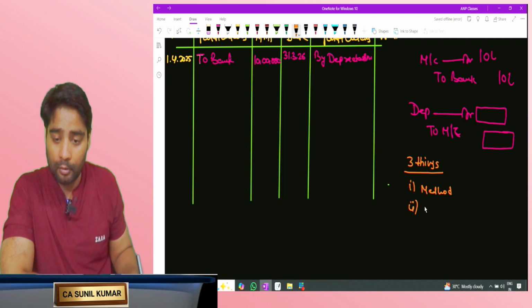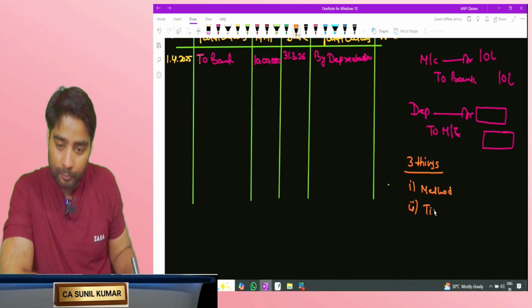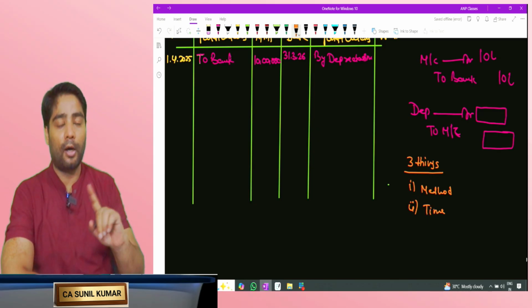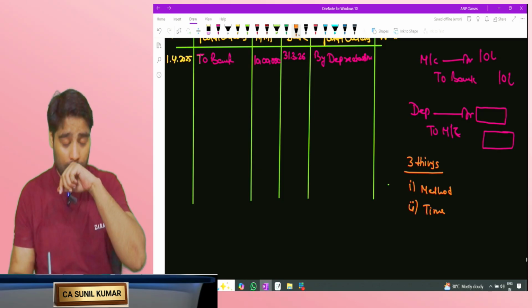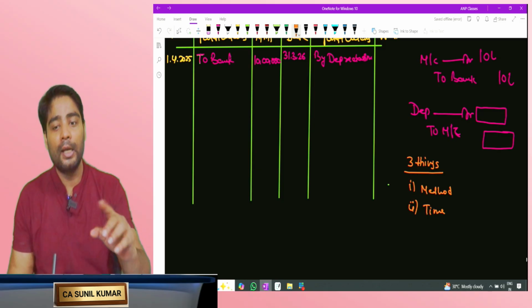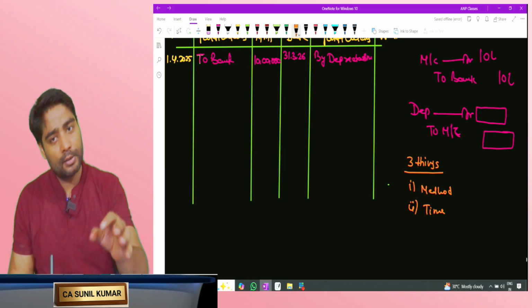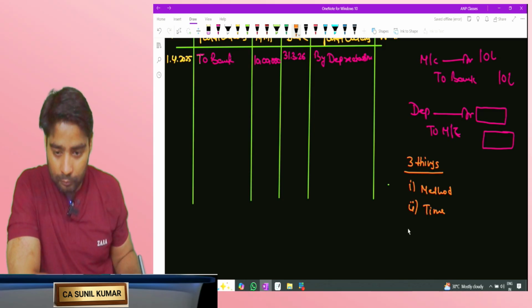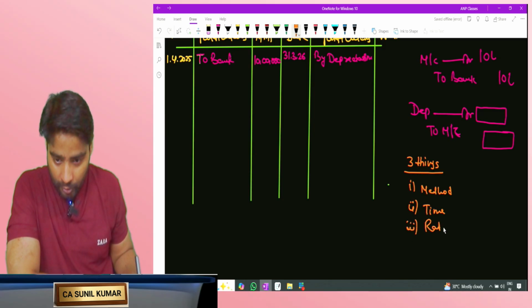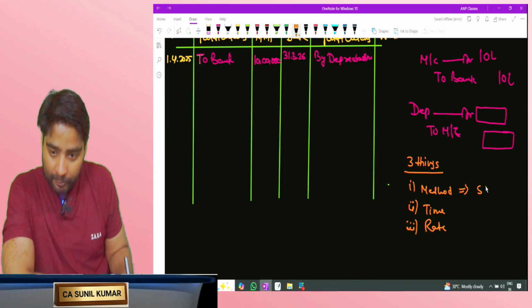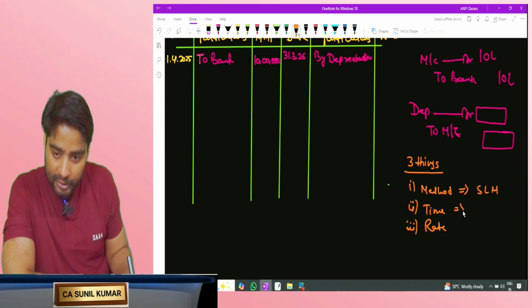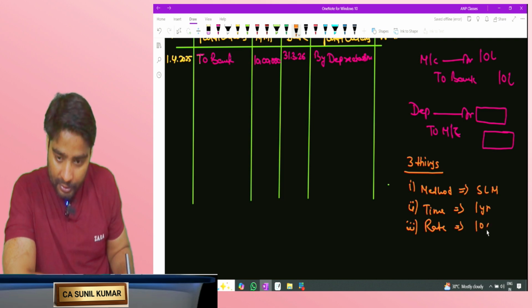Second, time period, for which you have used the machine. For example, if you have used the machine for 6 months, then depreciation will be charged for 6 months. And the third is rate. So in this example, the method is straight line method, time period is 1 year, and rate is 10% per annum.